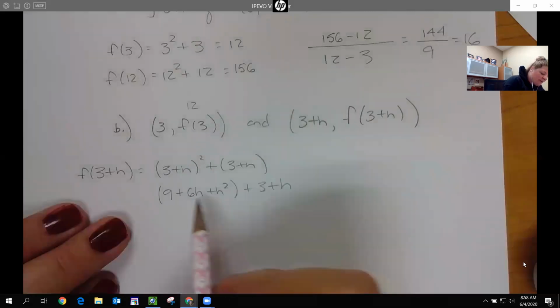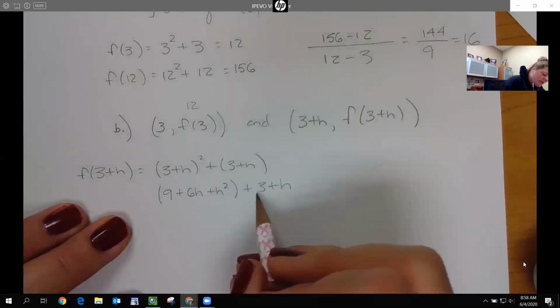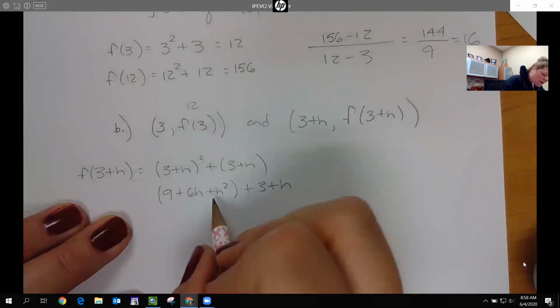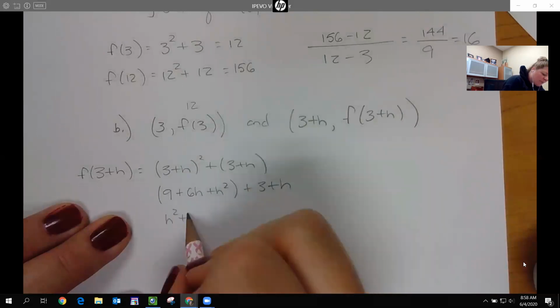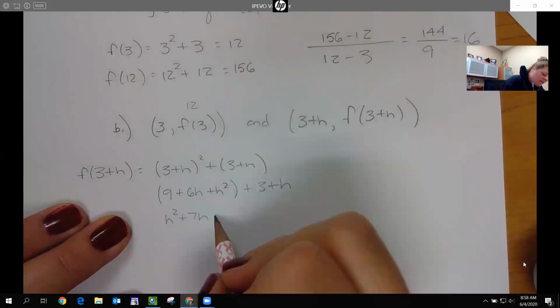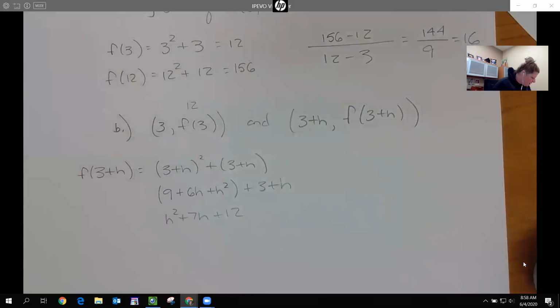Okay, so simplify this. You can add those couple things together. So I'm going to write this as h squared first, and then h, and that's going to be 7h. 3 and 9 make 12 plus 12. So we have that part there.